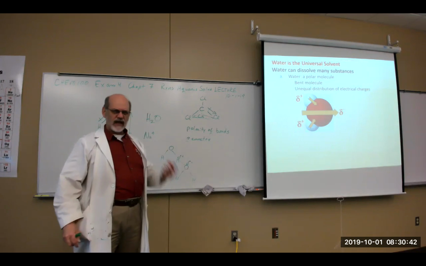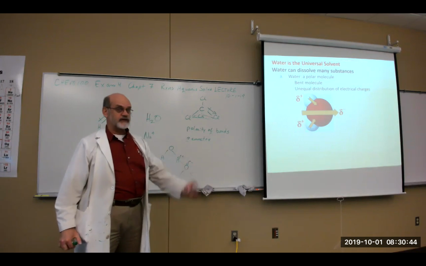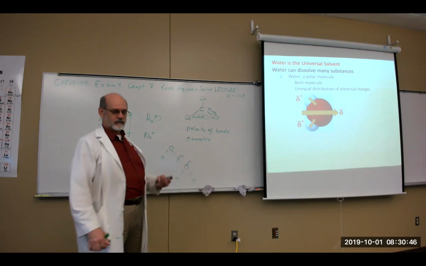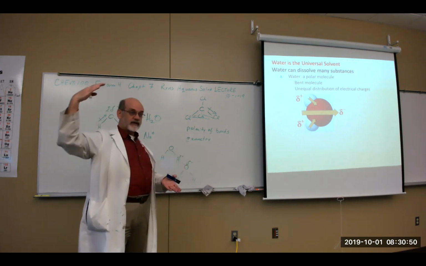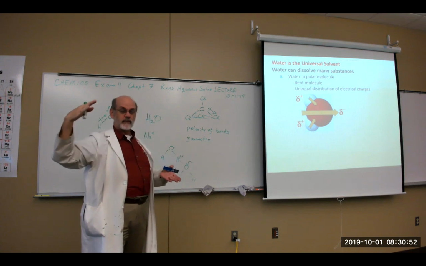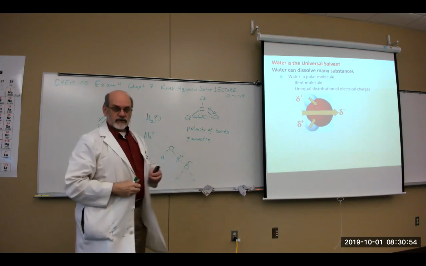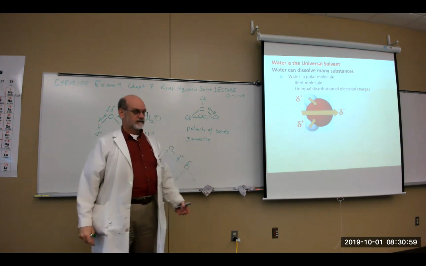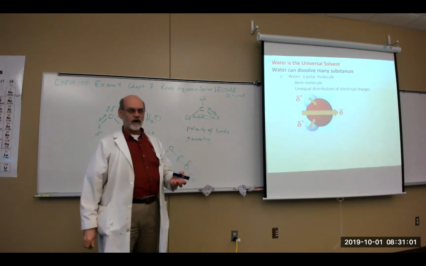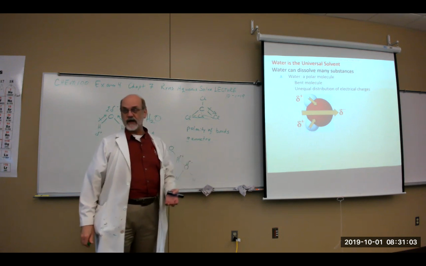It can absorb a lot of heat before it even turns to steam, right? From zero, where ice melts, up to 100 degrees. It's got that wide temperature range, which is why the climate on Earth is really very stable, because we've got so much water. They don't call it the water planet for nothing.